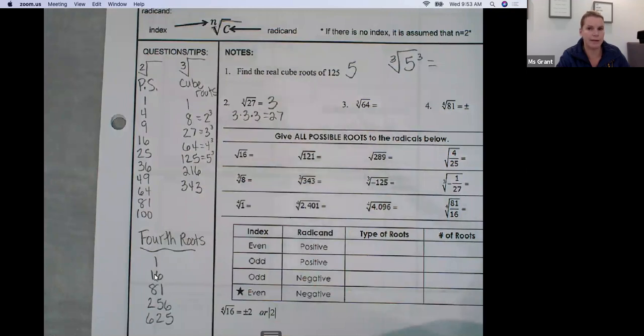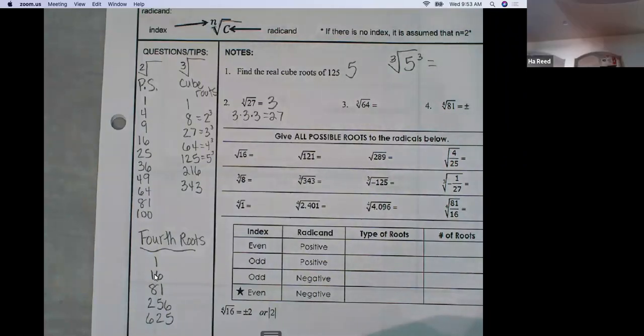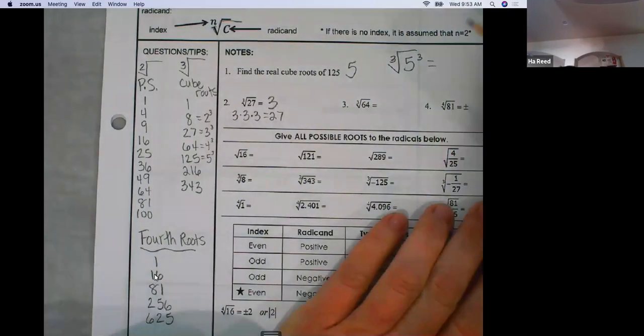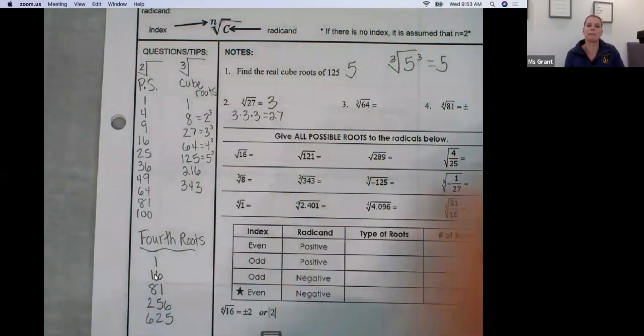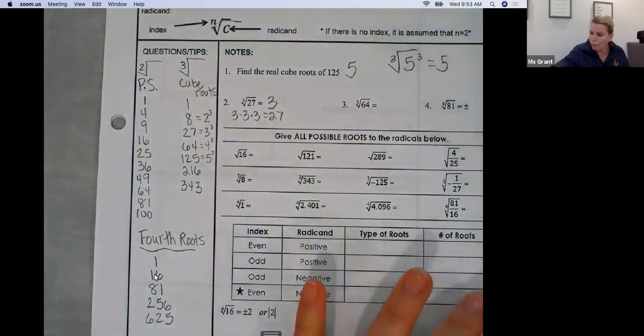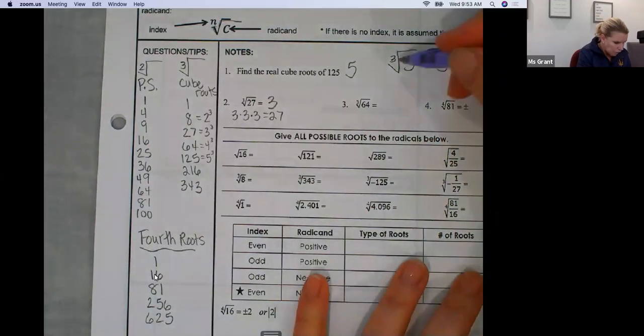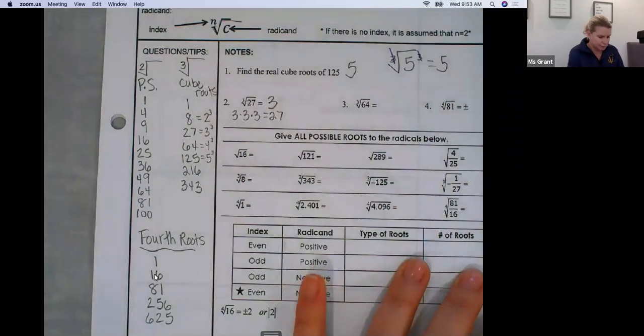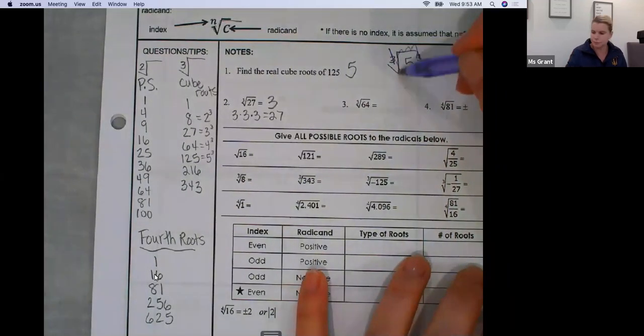Cubed root of 5 cubed. What's the answer? Would it just be 5? Sure would. Those 2 just cancel out. And then you get rid of the radical sign, you know.